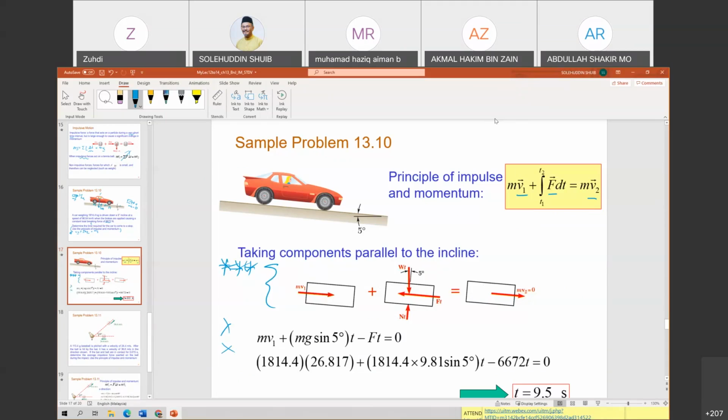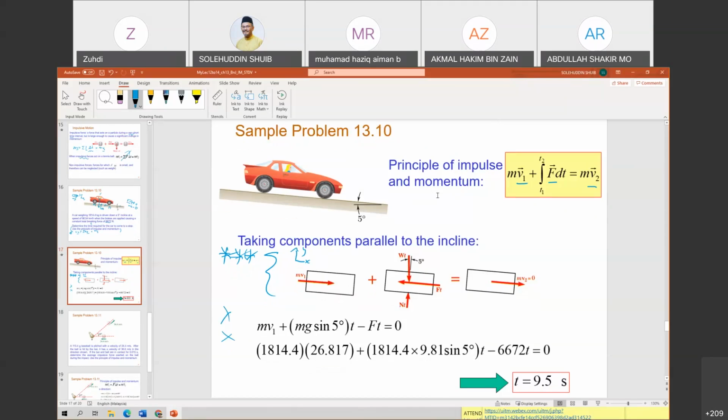So we set the datum. You get mv1, plus this way, plus mg sine 5 degrees, and minus Ft, the braking force, equals 0.